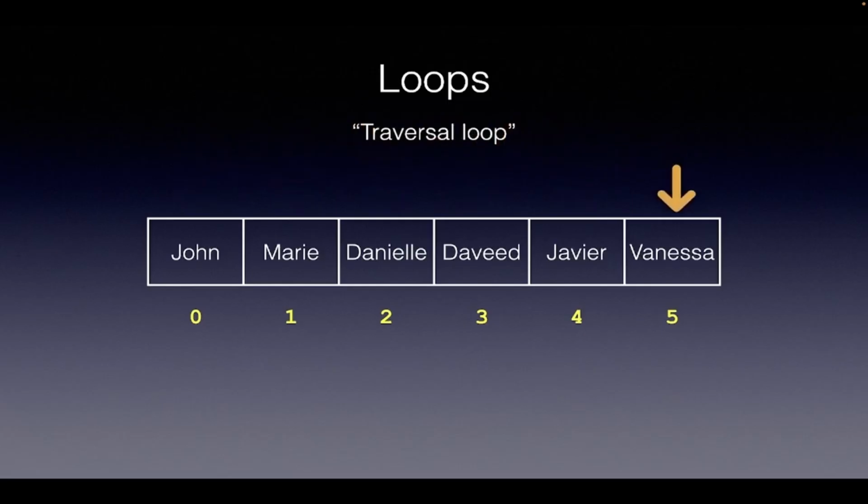It could mean that we're going to just output the name of each person on the team, kind of create a roster. If it's a bunch of numbers, we could be going through and adding them up, something like that. But a traversal loop is a loop where we're going to start at 0, we're going to end at length - 1, and we're going to increment for each iteration, doing something in the loop.